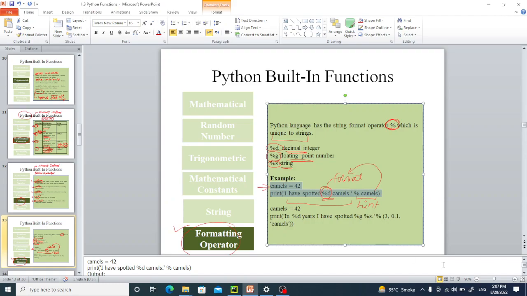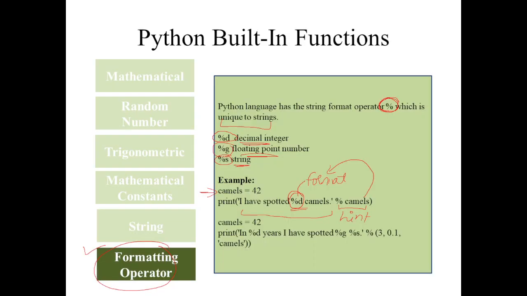Here is another example as well. In the last line, camels are 42, and we want to display that in %d years. Here is the first hidden information. I have spotted %g. Here is the second information, and I spotted %s. This is the third information. The hint is given in brackets.